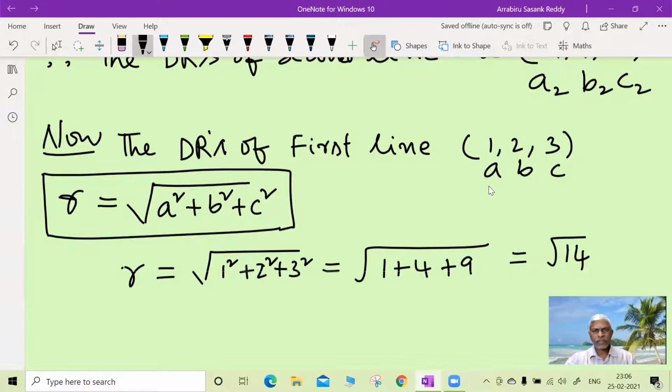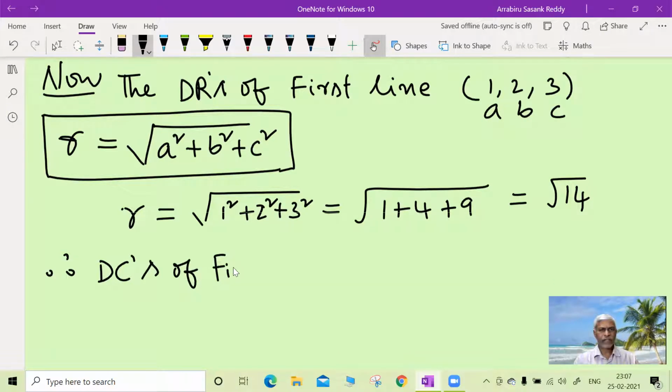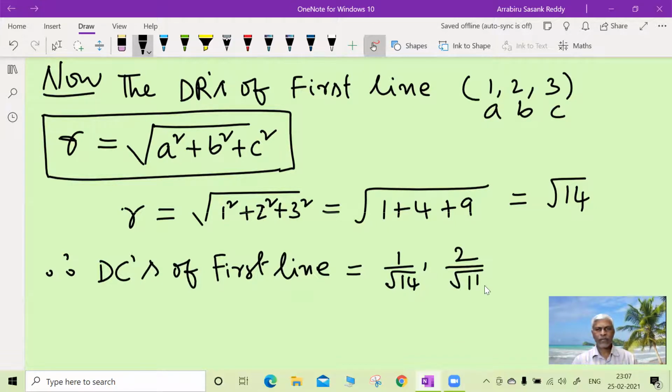So dividing the ratios by root 14 will give the direction cosines. Therefore, the direction cosines of the first line are 1 by root 14, 2 by root 14, 3 by root 14.